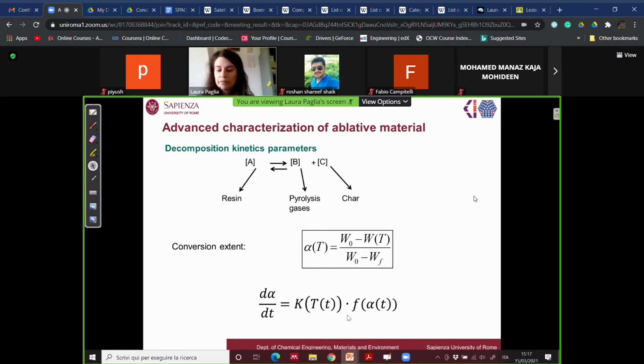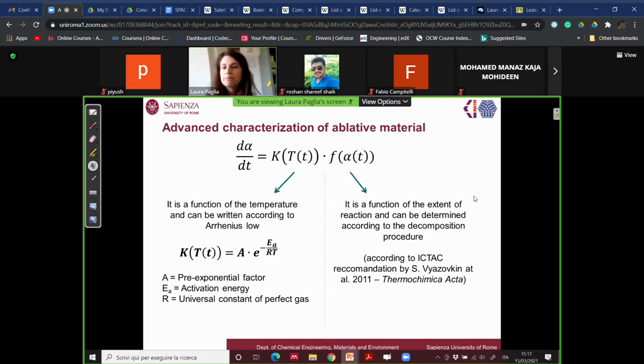These two different functions can be defined in different ways, but the first one, the function of temperature, can be written according to Arrhenius law.